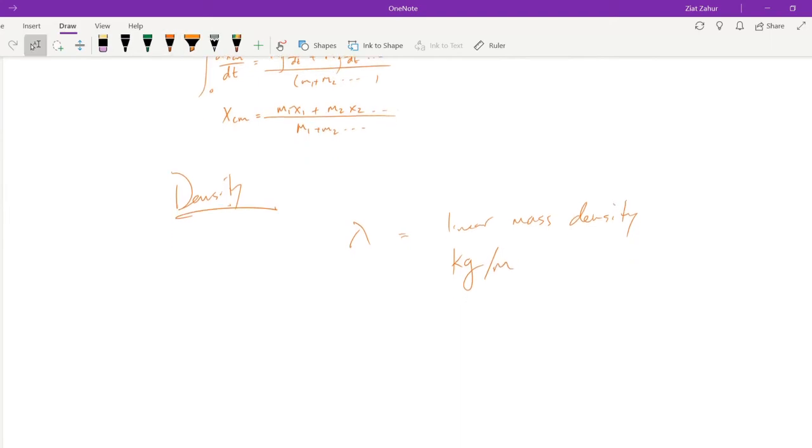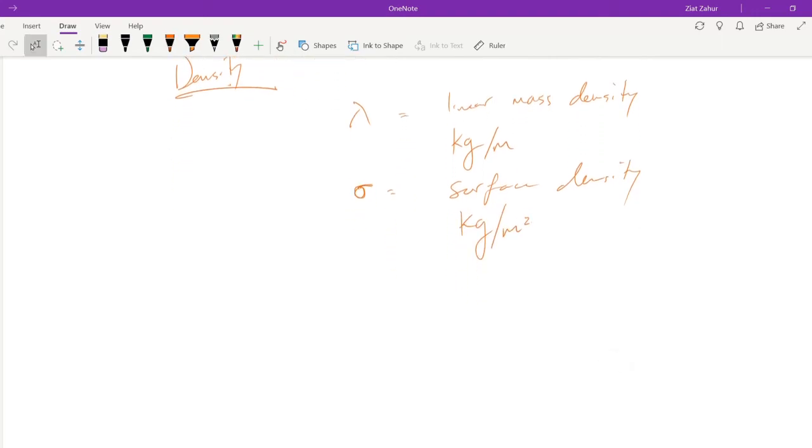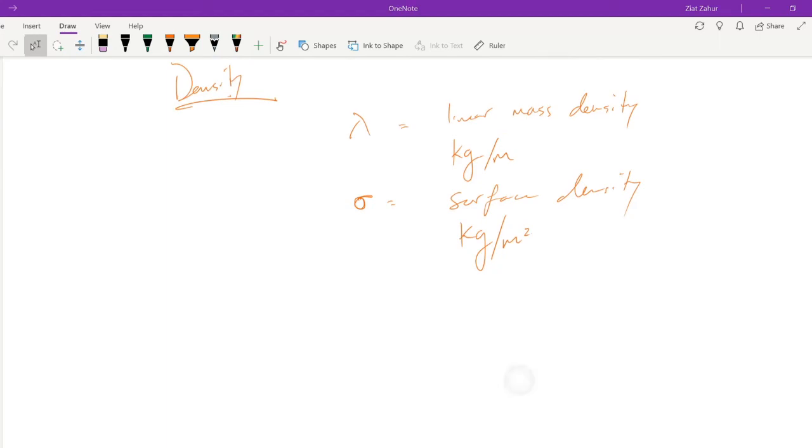We can have surface density, lowercase sigma. This is kilograms per meter squared. Then we have rho, which is our volumetric mass density. Regular density. Kilograms per meter cubed.